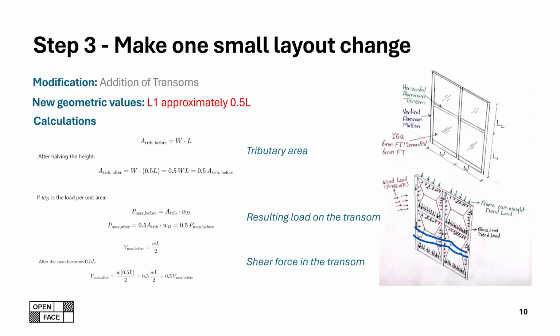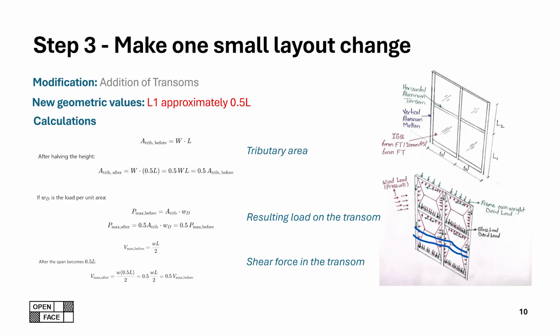But in conclusion, and to sum up the main idea, by adding the extra transom in this example, you effectively halve the tributary height, which means that the load per transom, the shear and the bending all drop significantly. And when we use the beam formulas, we clearly see that the Vmax becomes half, and then the deflection becomes only 0.025 of the original.